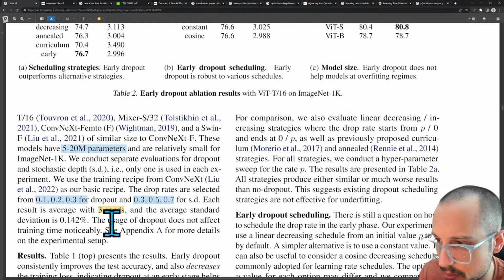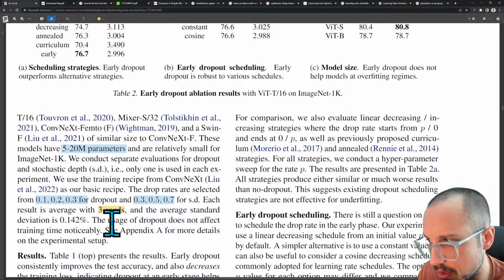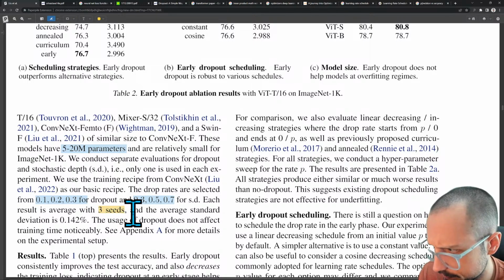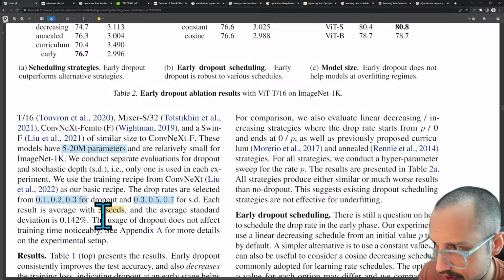And this is very useful because you want to be able to compare things, right? You don't want to have an actual random number generator. You want to have a repeatably random number generator. This means that they tried 3 different seeds, so 3 different paths down the random space.